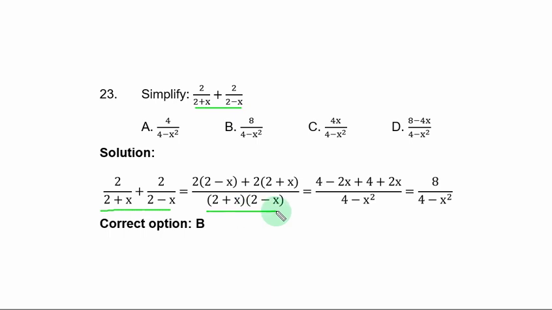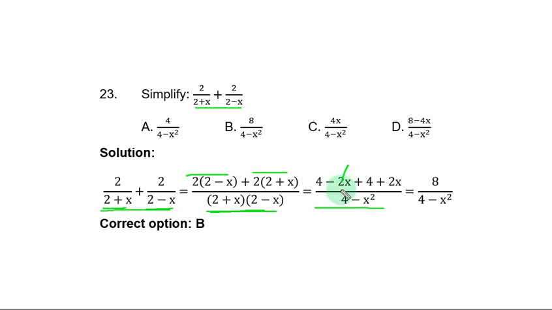So if you divide the LCM by the first denominator, you have 2 minus s multiply the first numerator. If you divide the same LCM by the second denominator, you are left with 2 plus s times the second numerator. If you open the respective brackets, you have this result.